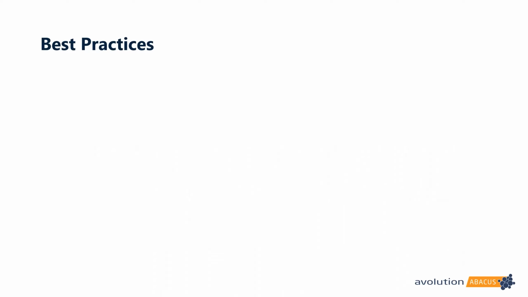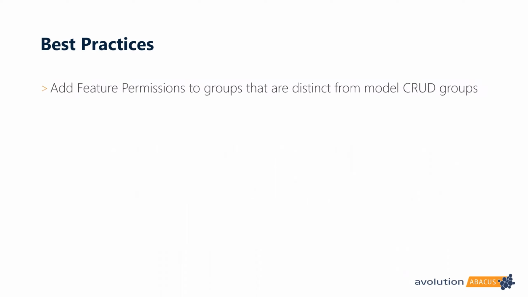There are a couple of best practices to keep in mind as well. I'm not going into a lot of detail with the best practices. There are certainly more that we could add in here, but there are a couple that I particularly would like you to keep in mind as we work through this. So one is that we generally want to add feature permissions to groups that are distinct from model CRUD groups.